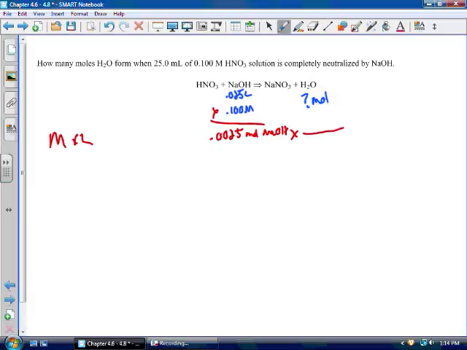The ratio in this case is what I want, 1 H2O, over what I have, 1 NaOH, and therefore we would produce 0.0025 moles of H2O. Now obviously if I wanted to find grams of H2O, I could continue on and multiply by the molar mass. But as you can see, solution stoichiometry basically is the same thing. It's just giving us a possible new starting point.